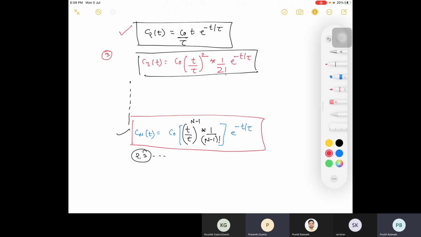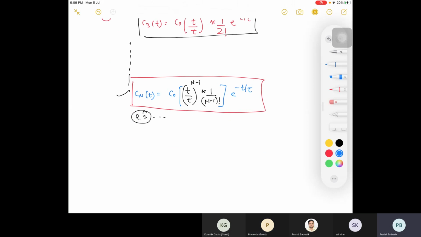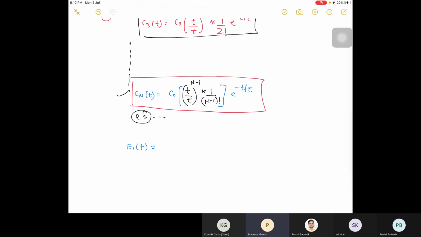Yes, sir. Okay. Now please tell me how I can find E(t). The E(t) curve for your first reactor, E1(t), is basically C1(t) divided by the area under the C curve for the first reactor, right?